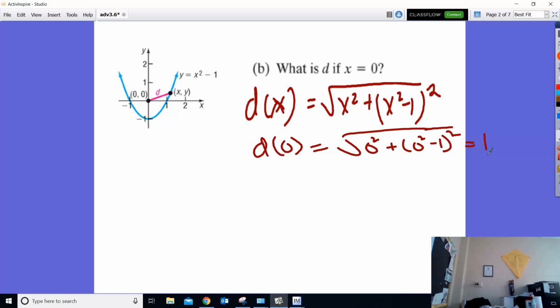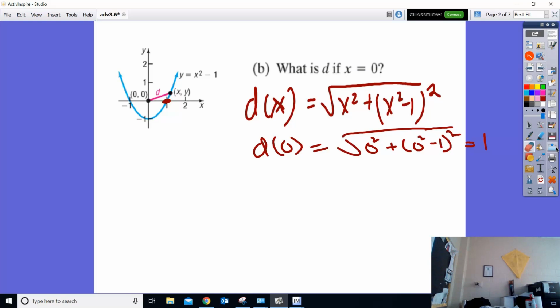Now, here's why that's true. If x is 0 and you're on the graph of the parabola, right there. Hold on, I'm putting it in the wrong spot. It's not there.